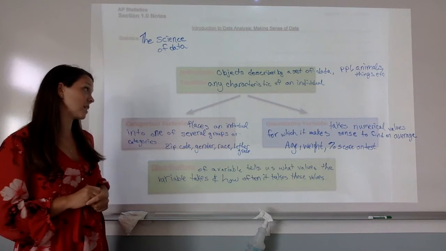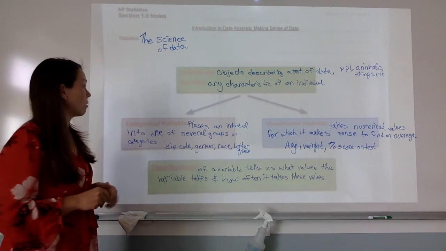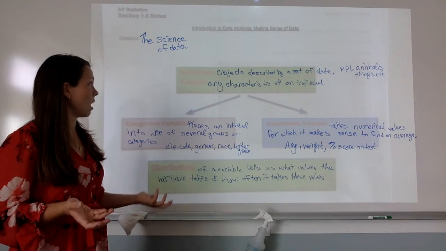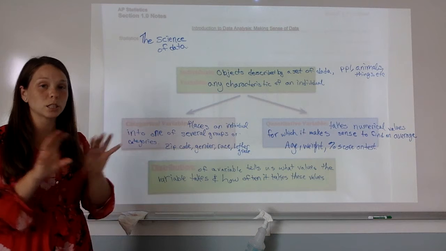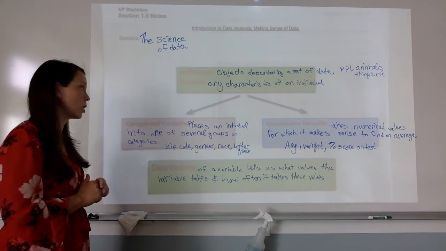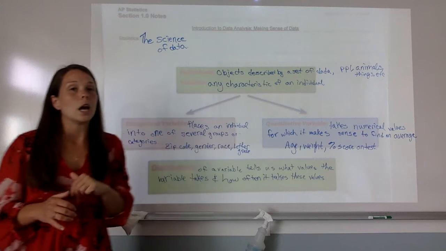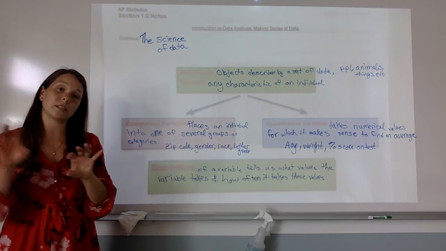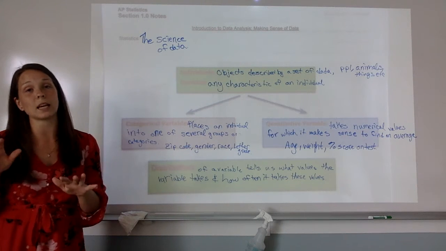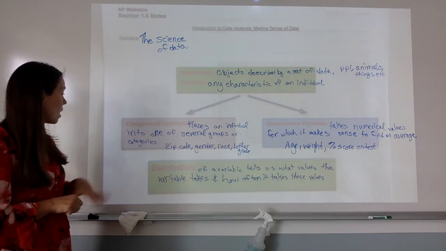Variable is the next piece, and that's any characteristic of an individual. There's a lot of ways that characteristic could be identified, and so it actually is broken into two subcategories. We have a categorical variable and quantitative variable. So when we're talking about data in this class, it either fits into categorical or quantitative, so just know that we'll always be dividing it up between the two.